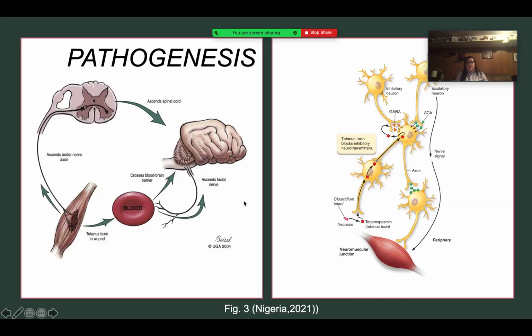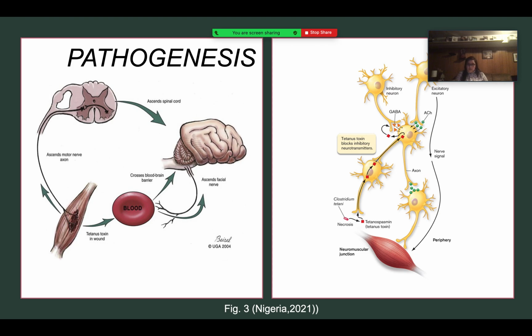The pathogenesis of tetanus starts in the first picture. Clostridium tetani enters the body through a wound and stays sporulated until anaerobic conditions are present. It germinates, producing the tetanus toxin, and begins to multiply.